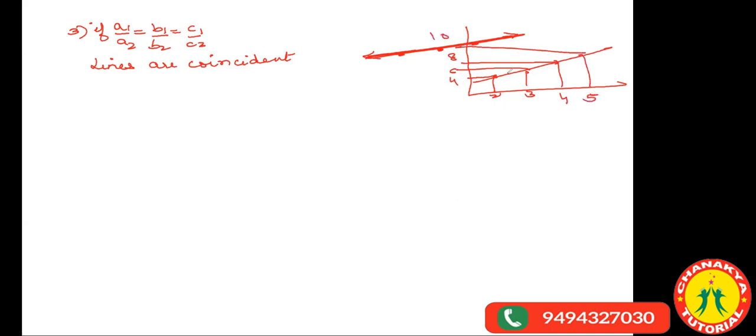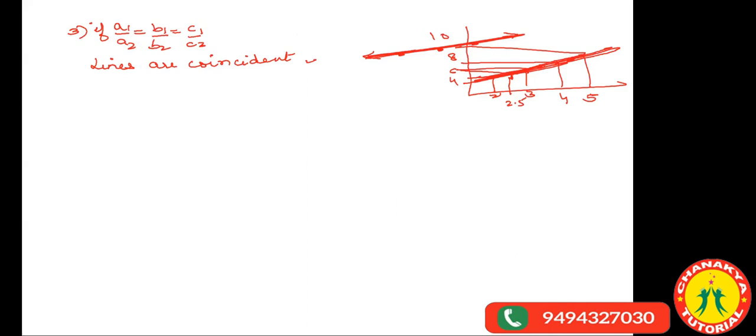So children, see, suppose here 2.5 and here, this point will lie here only, the points of the second line. Then the second line will cover the first line. So these type of lines are called coincident lines. Got it, this thing?